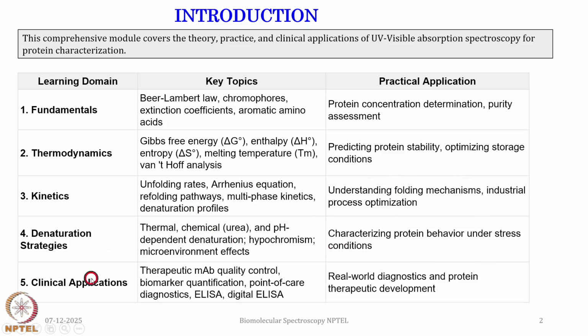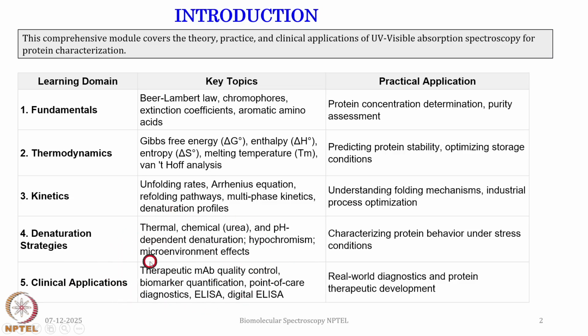Finally, we are going to touch upon the clinical application, right. Clinical, or say industrial or biopharmaceutical application. Many monoclonal antibodies, the MABs, which are the prominent modality of therapeutics, this technique can be used for quality control assessment, right.